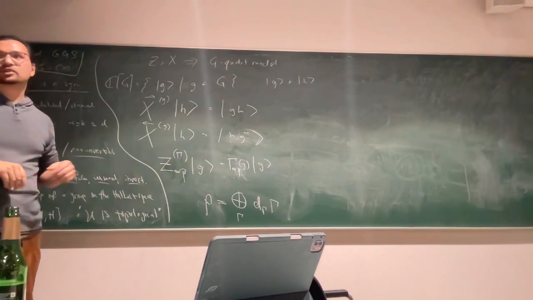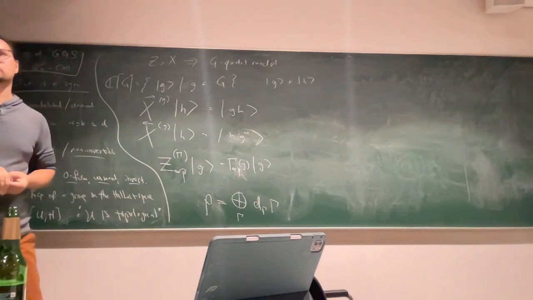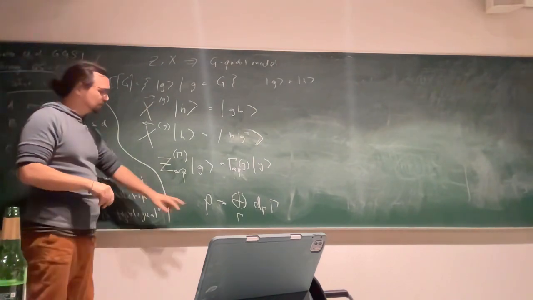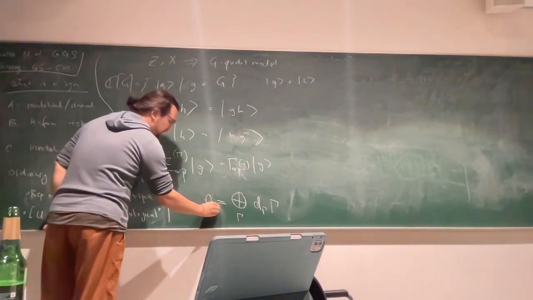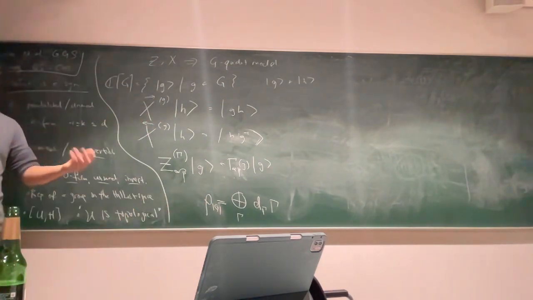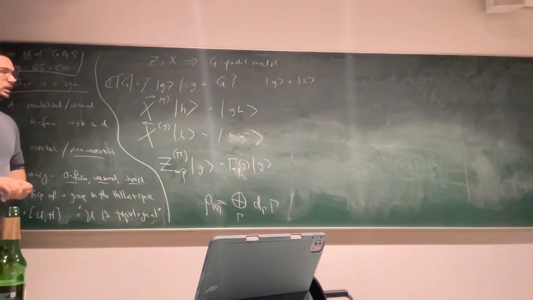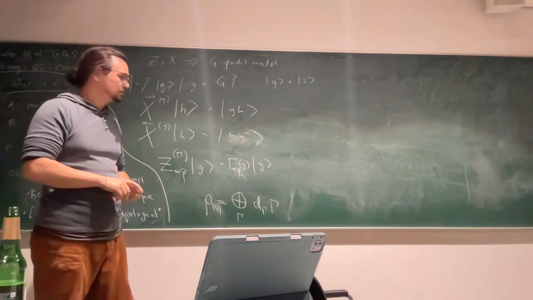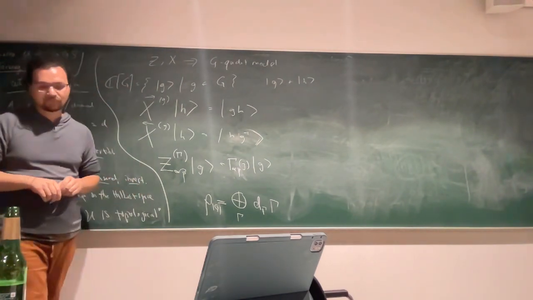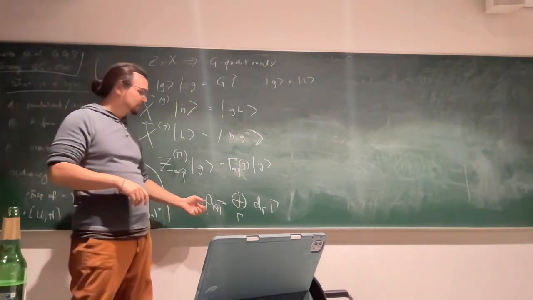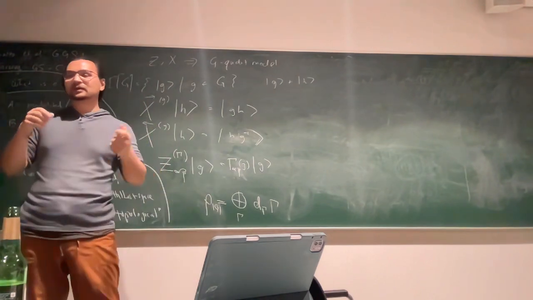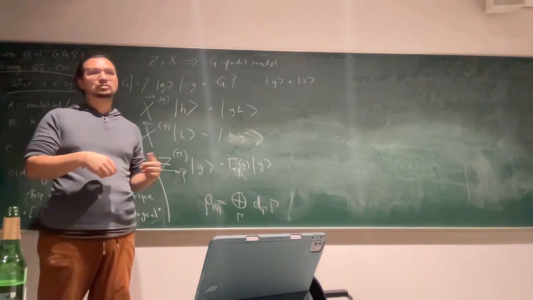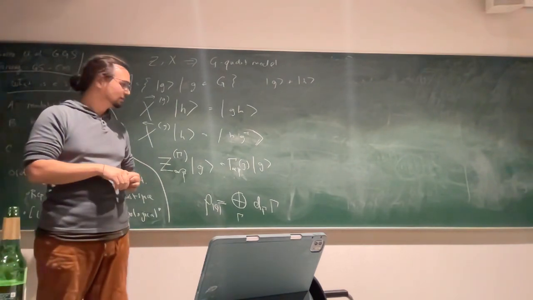So a two-dimensional representation appears twice, a three-dimensional representation appears 3 times, and so on. And the dimension of this representation is equal to the size of the group, the number of group elements. And then there's a little bit of magic of representation theory that tells you that the size of the group is equal to the number of representations, each multiplied according to their dimension.